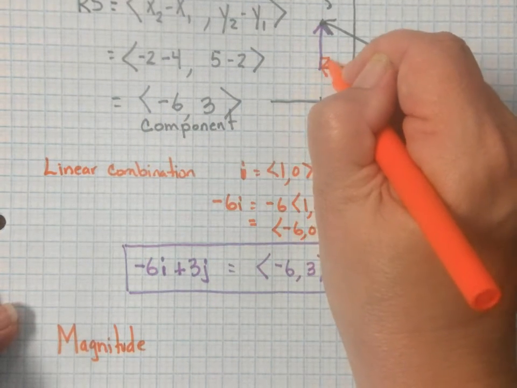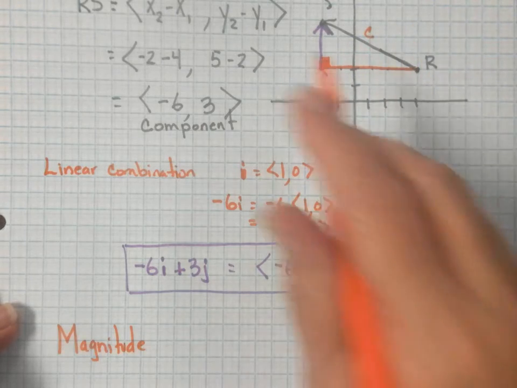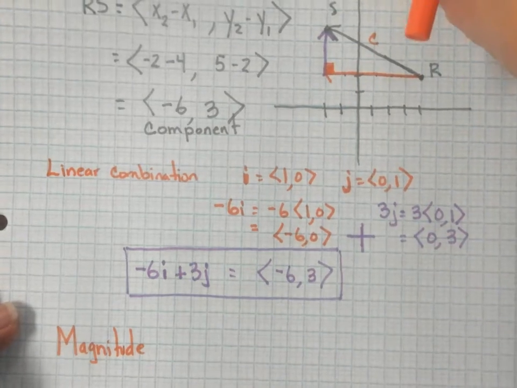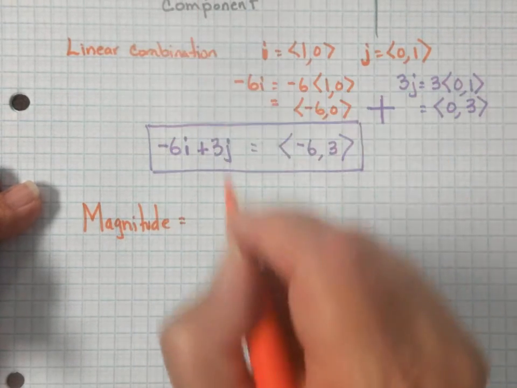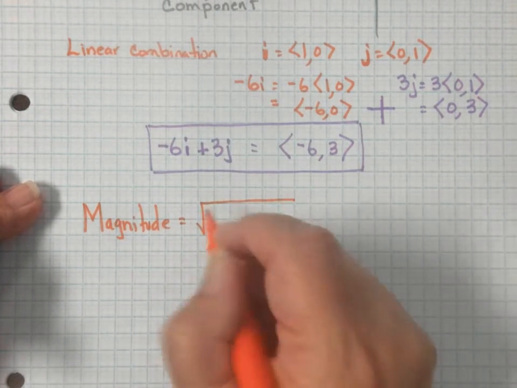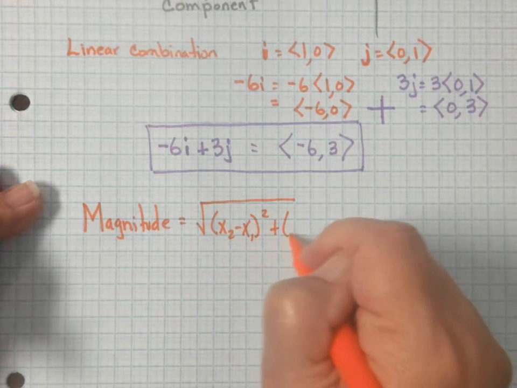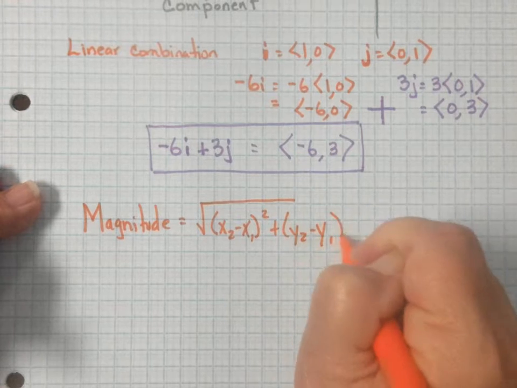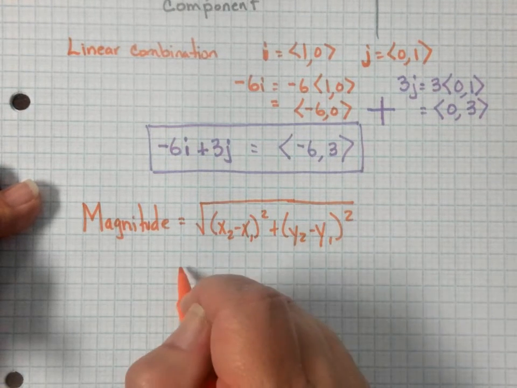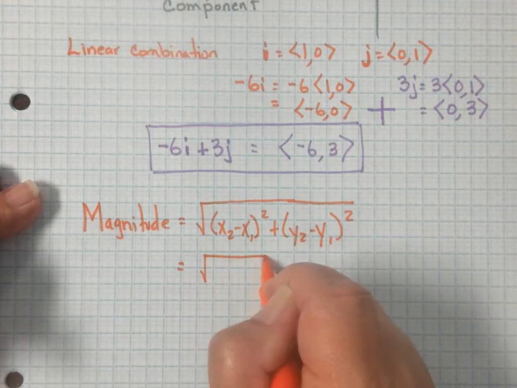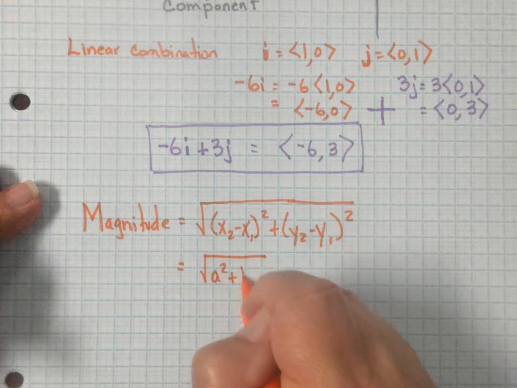Or you might say, look, Ms. Collier, that's a right angle, and that's our c, so couldn't we use the Pythagorean theorem? Yes, and yes. So if I'm in point form, I have the square root of x2 minus x1 squared plus y2 minus y1 squared, that's my distance formula.